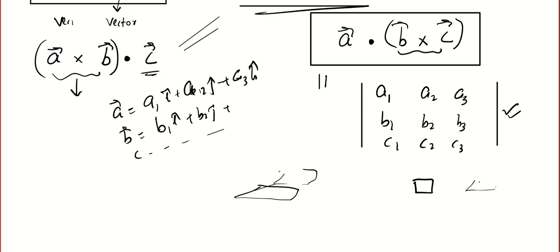Similarly, think about collecting so many parallelograms together. So if you calculate the STP, where A, B, C represent the edges of the parallelepiped, then the STP will give the volume of the parallelepiped. We will discuss this in detail in the next video.